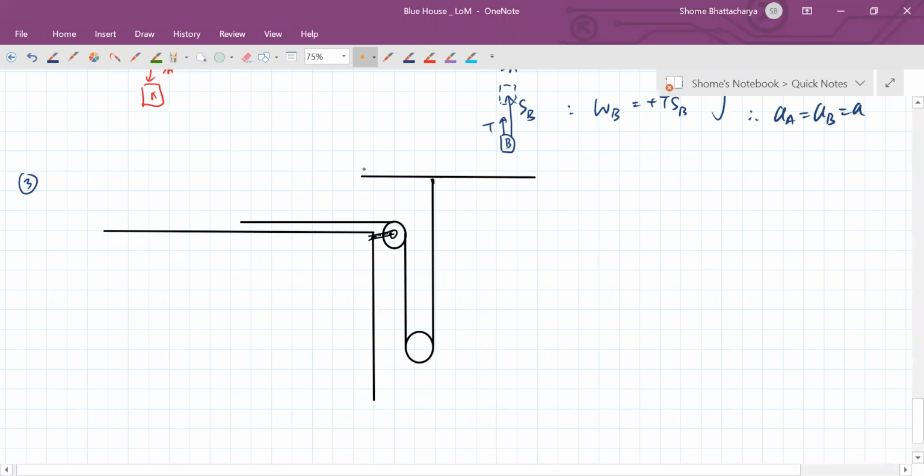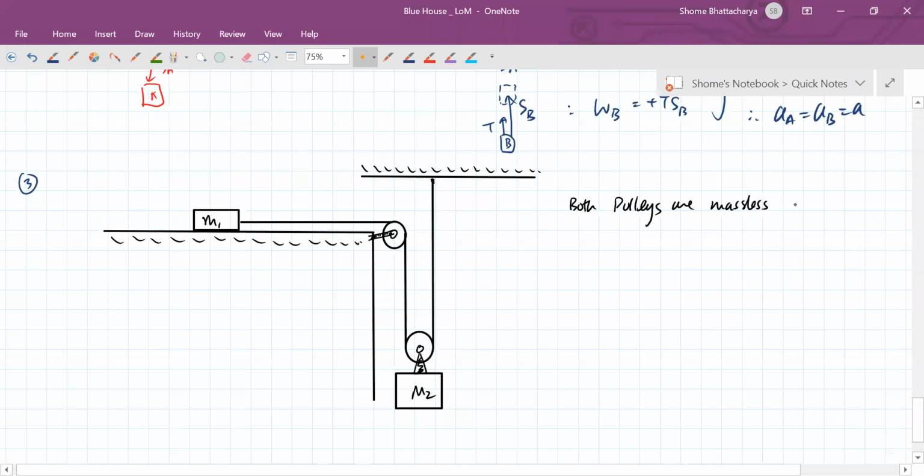Anyway, now start taking down this diagram. So both pulleys are massless and the thread used is massless and also inextensible.